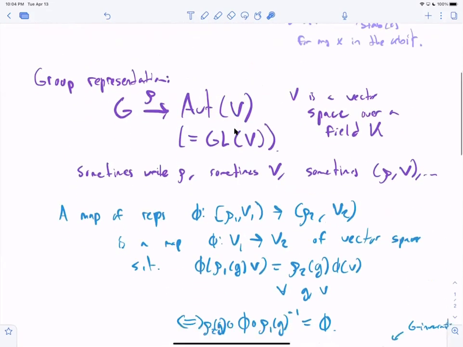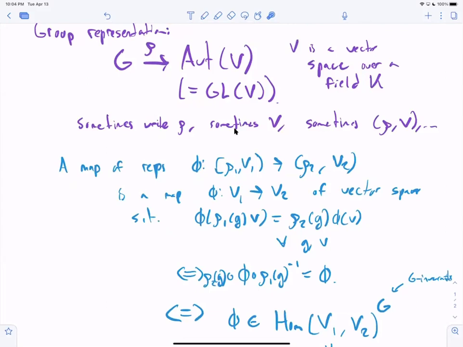Well, I've told you what a group representation of G is, and what a map between two representations of G is, and so that means I have a category of representations of G. So it's a place where I can do mathematics, and we want to study that category.